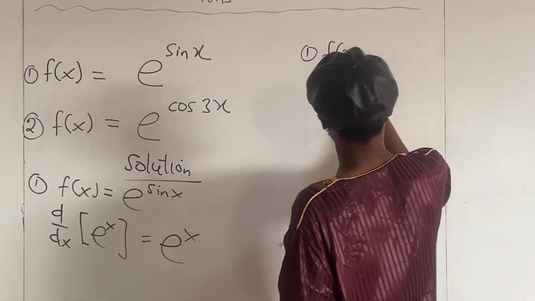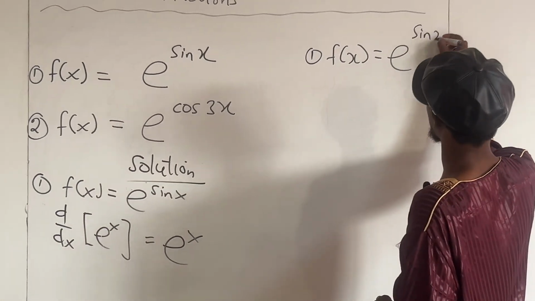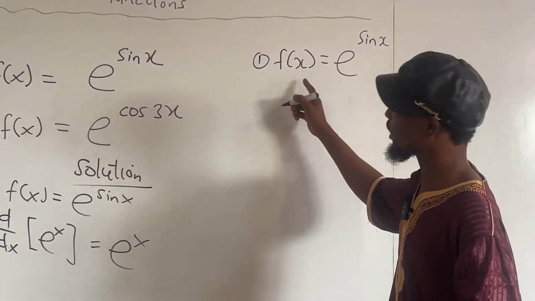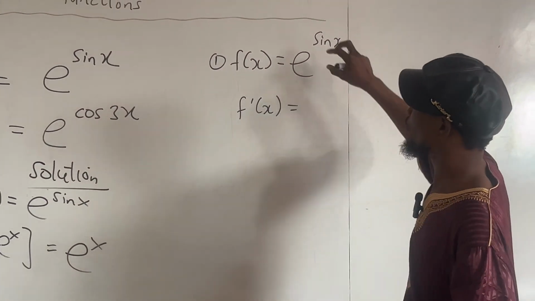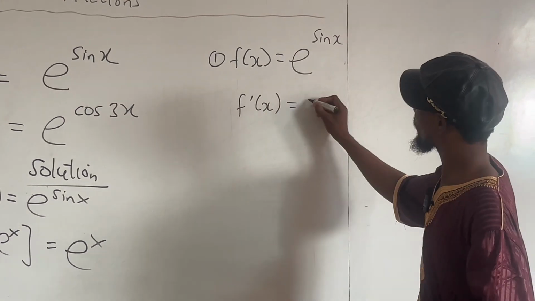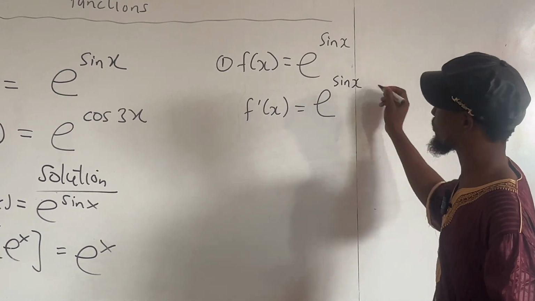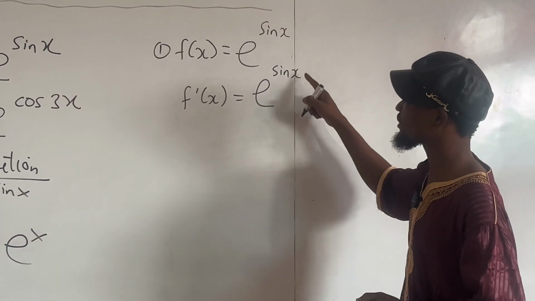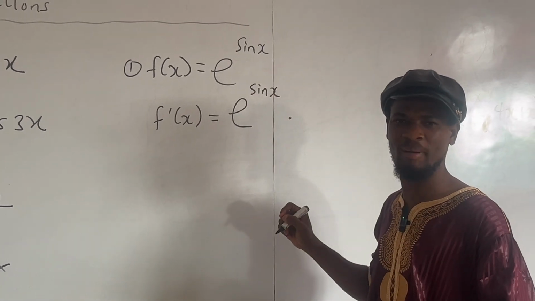f of x equals exponential sine x. So if I find dy dx, in other words, I'll have f prime of x equal to, you rewrite this, that's e to the power sine x, then times the differential of the exponent, which is my sine x.